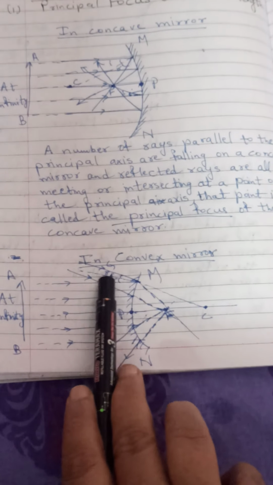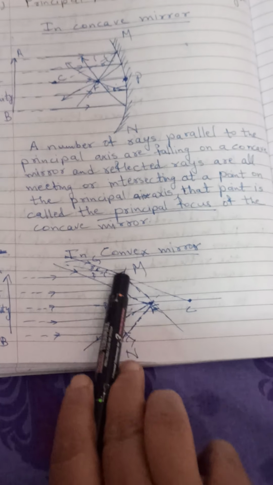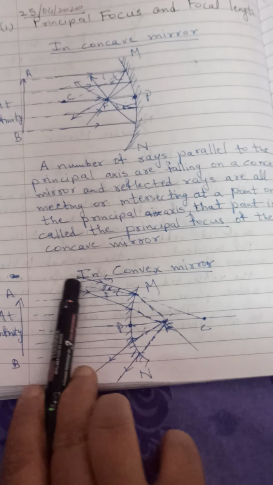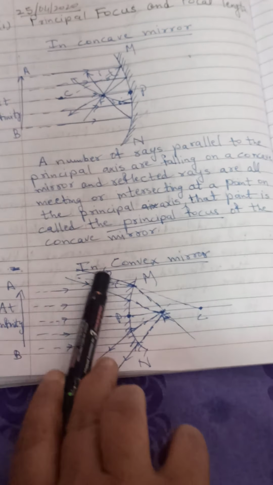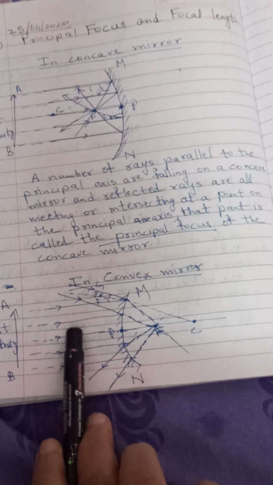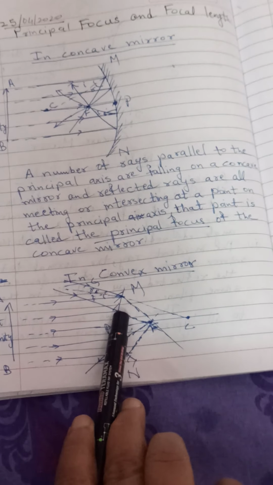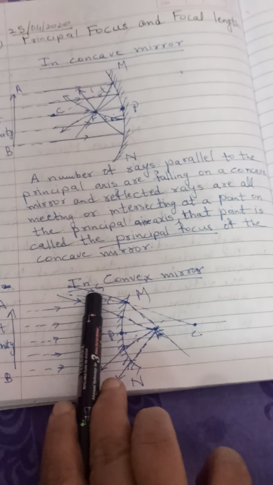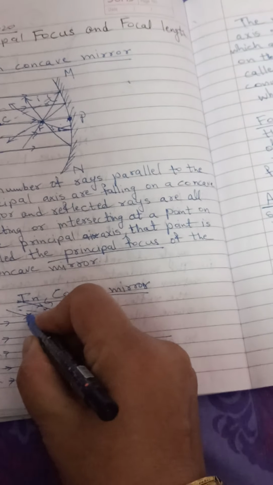You see, the first ray, if we extend these rays to the side of the convex mirror, we can imagine them meeting at the focus. Actually the rays are coming like this and reflecting like this. I think this arrow should be like this.